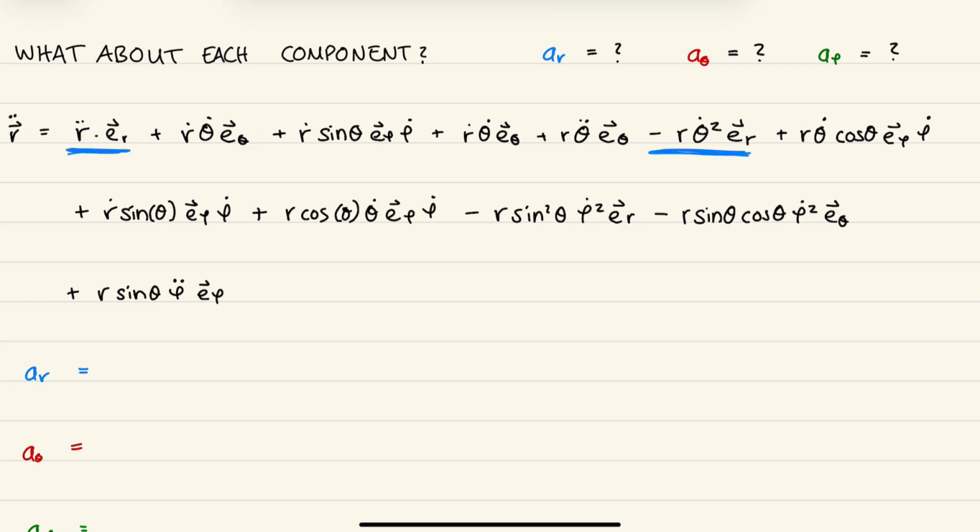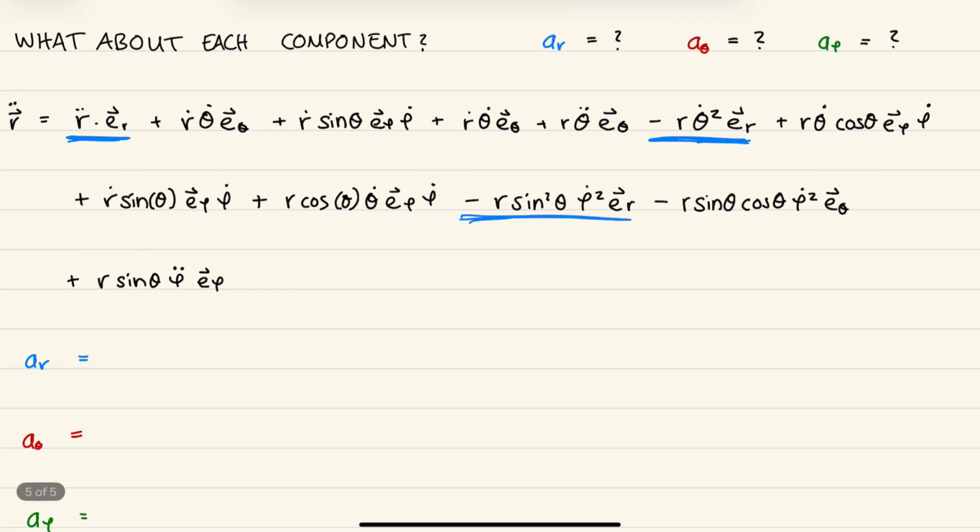This part right here, this expression, and this one. So if we now collect the scalar factors, for the radial component we get r double dot from here minus r theta dot squared from here minus r sine squared theta phi dot squared from here. Doing the same for the theta components, we find that this term, this term, this term, and this one have theta unit vectors.